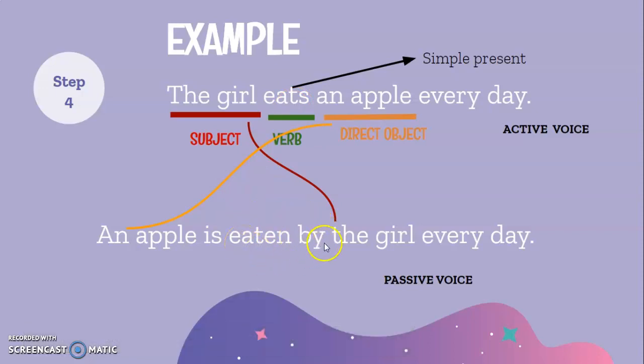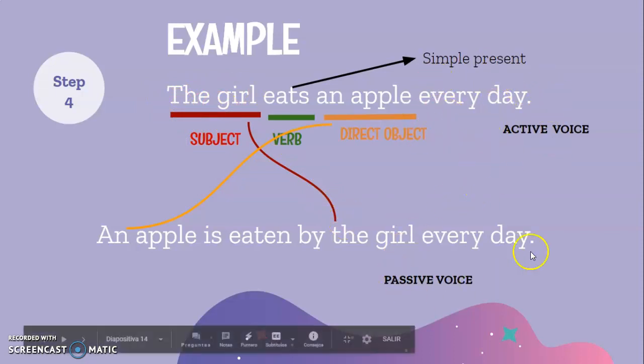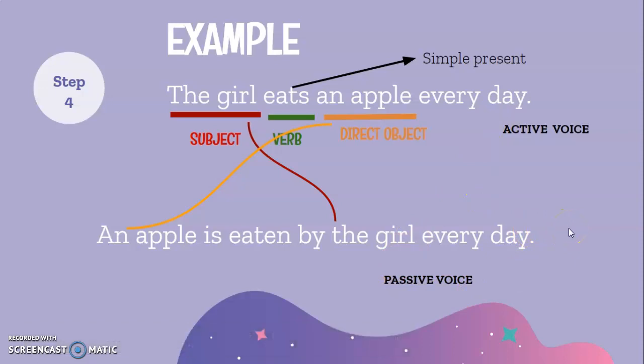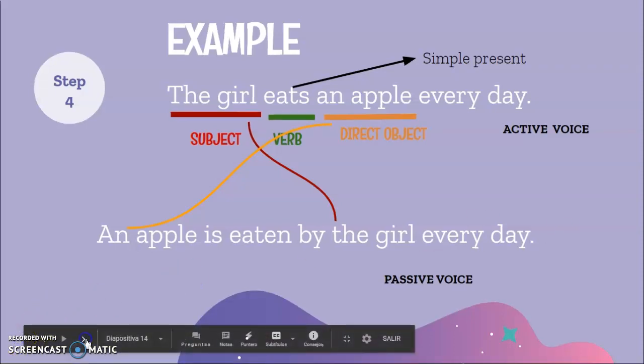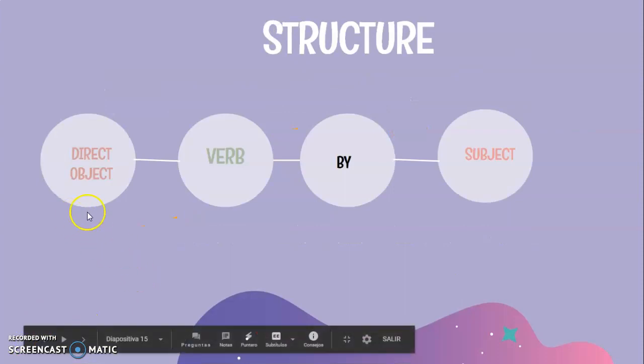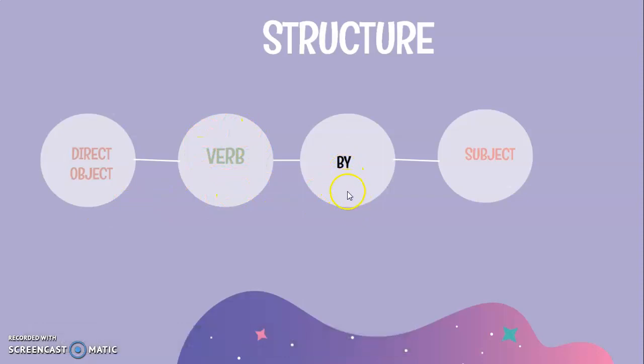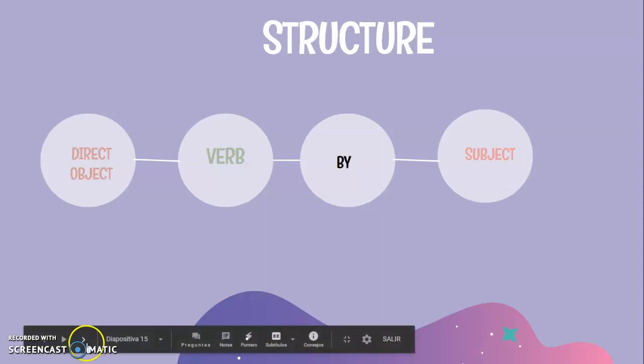And then by the girl, we change the subject, and the complement of the sentence doesn't change, so we leave every day. So instead of having the girl eats an apple every day, we have an apple is eaten by the girl every day. So the structure would be the direct object, verb, then you add by, and you put the subject. Putting by and the subject is optional. You're not always going to use it, but we're going to talk about that later.